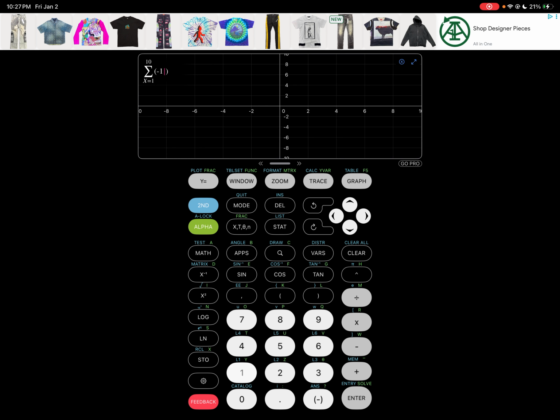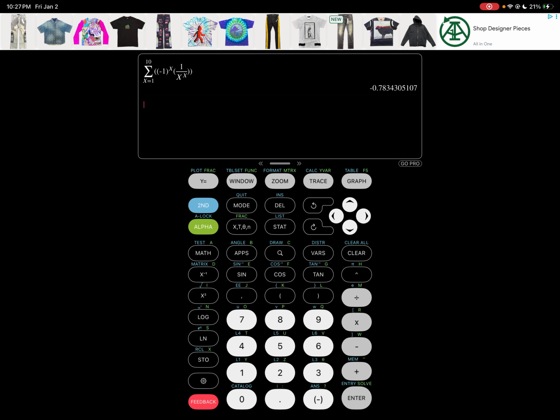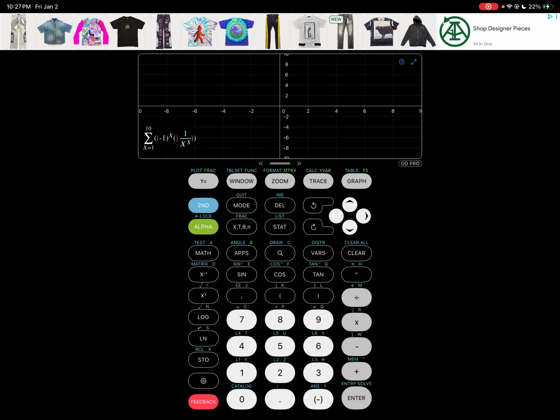We have -1 to the n. And then we have 1 over n to the n. And that gives us -0.7834305107. Actually, just kidding. That's n plus 1. So it should just be the positive answer.